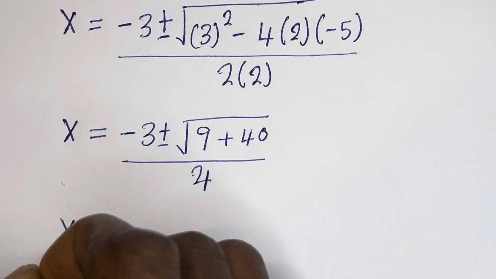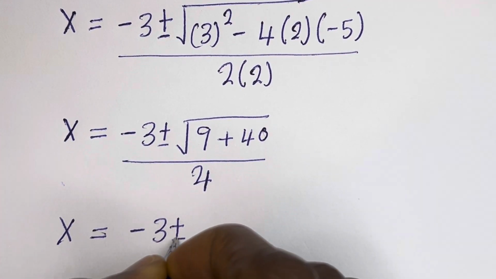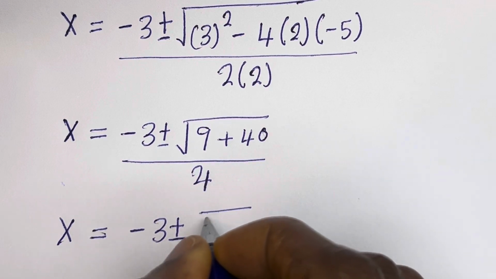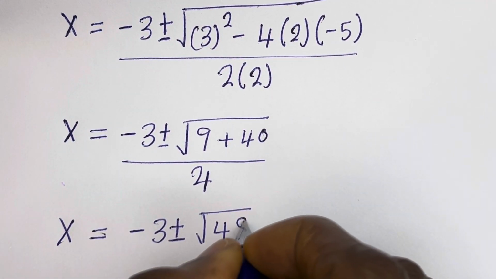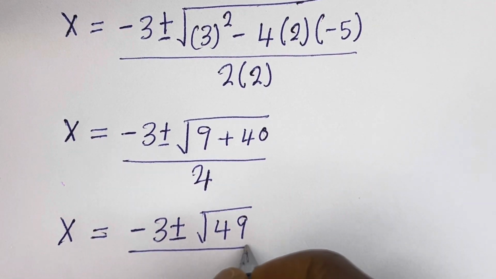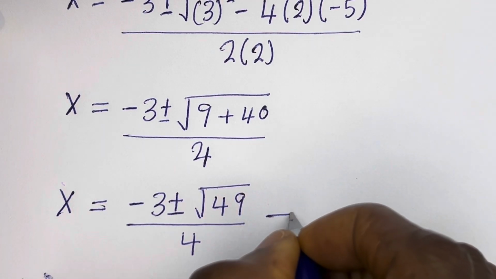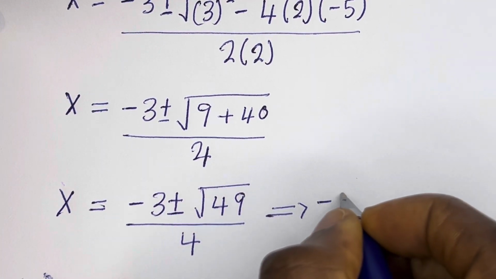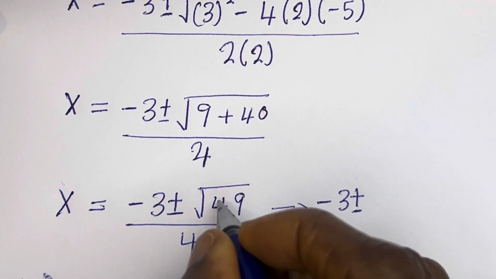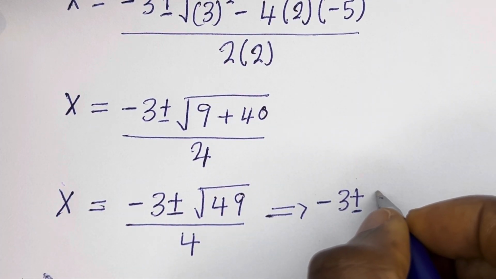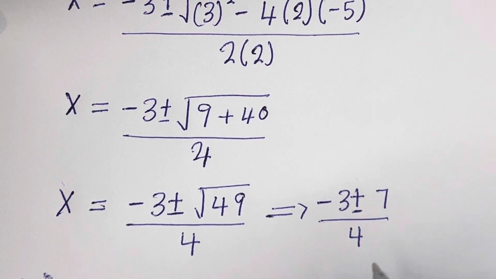Then s is equal to minus 3 plus or minus the square root of 9 plus 40, that is 49, everything divided by 4. And this is the same thing as minus 3 plus or minus the square root of 49, which is 7, everything divided by 4.